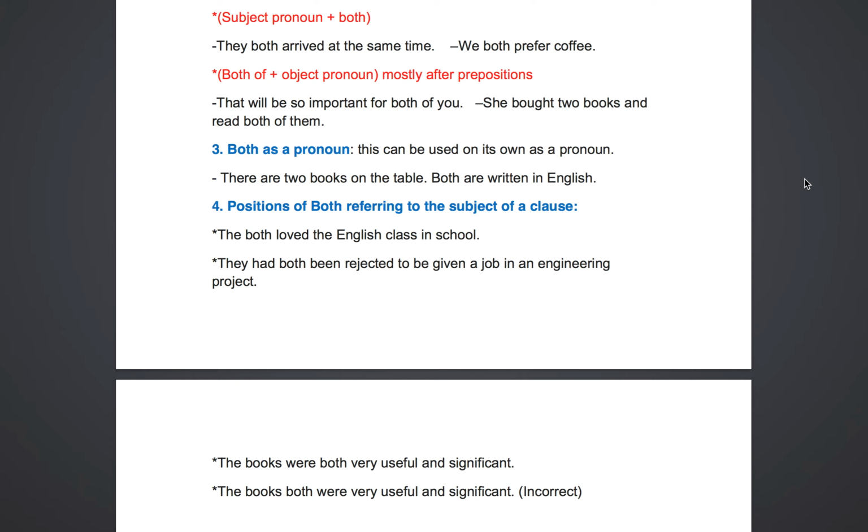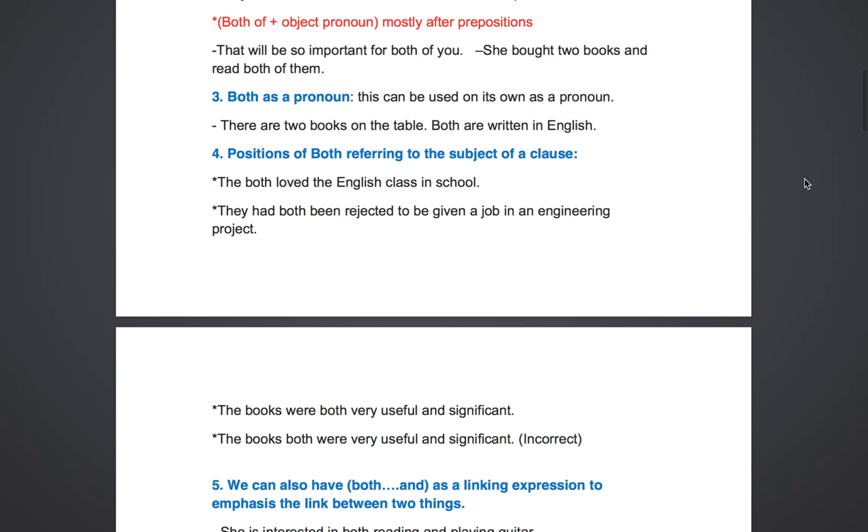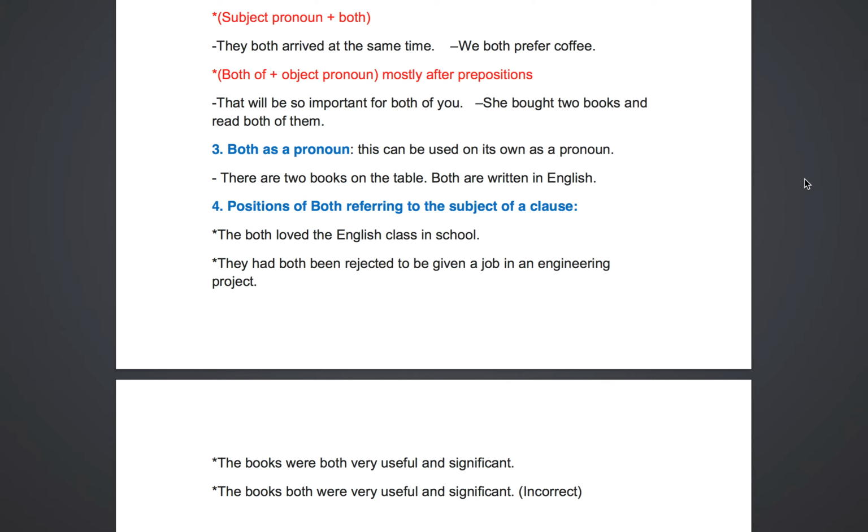For example, you have to know what an object pronoun is or how subjects are used, and also what prepositional phrases are and how prepositions are used. That makes much more sense for you if you have basic information about grammar structures.